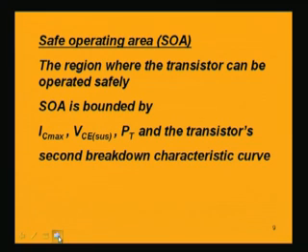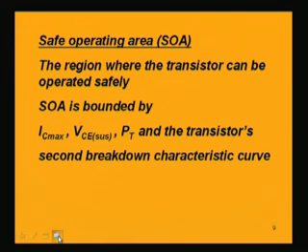Now, the transistor's safe operating region, that means the transistor's safe operating area, has to be considered. If we consider the output characteristic curve, in which area is it safe to operate a transistor?